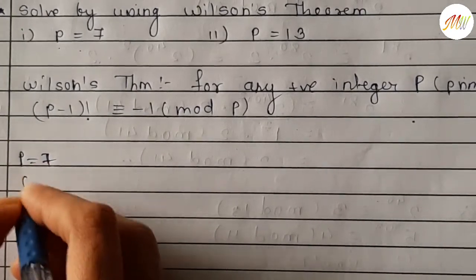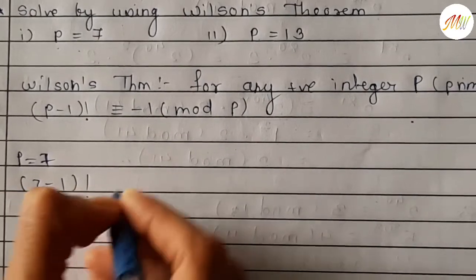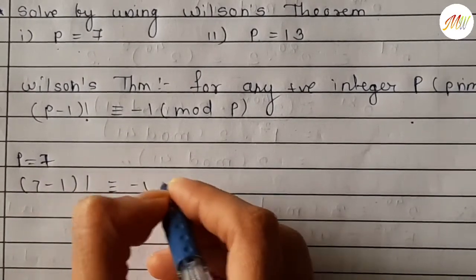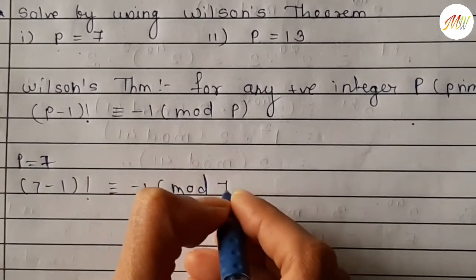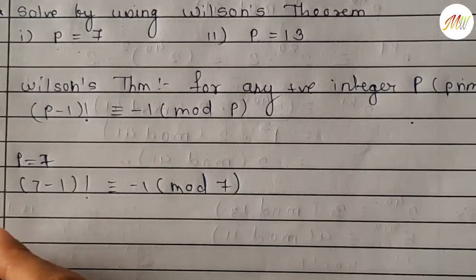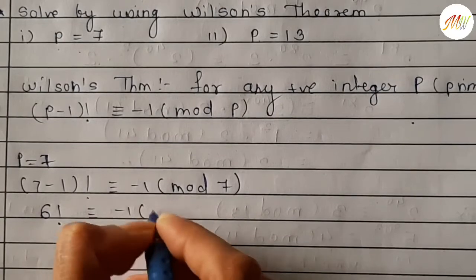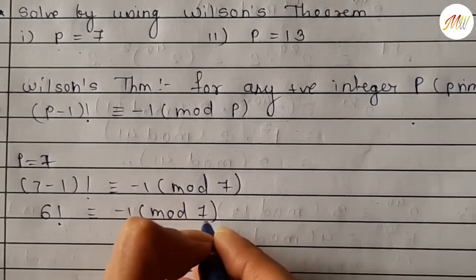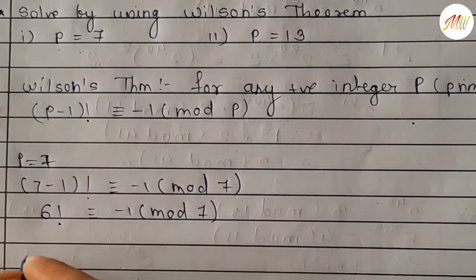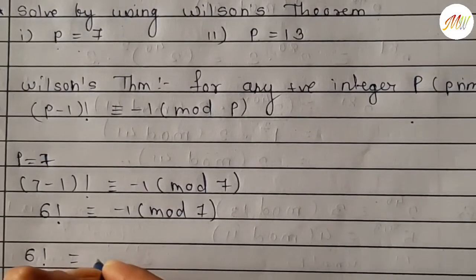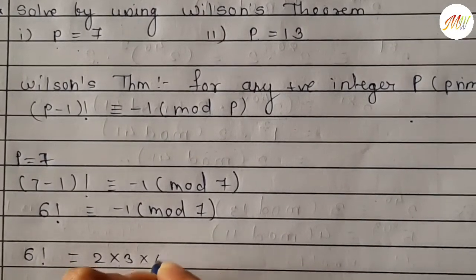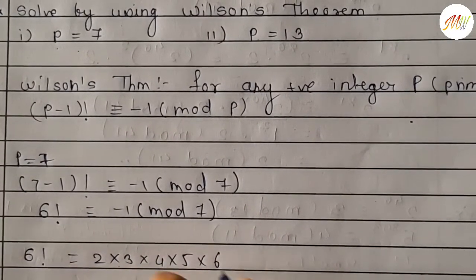So we write 7 minus 1 factorial is congruent to minus 1 mod 7. Okay, here we get 6 factorial congruent to minus 1 mod 7. So 6 factorial is 2 into 3 into 4 into 5 into 6.